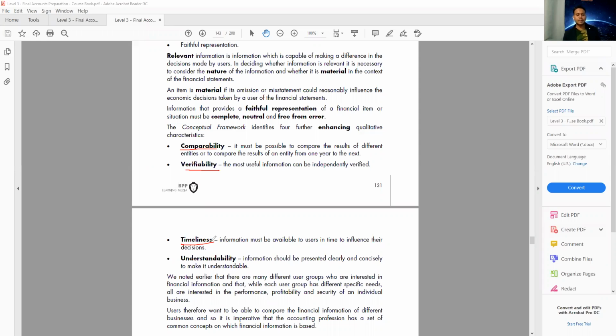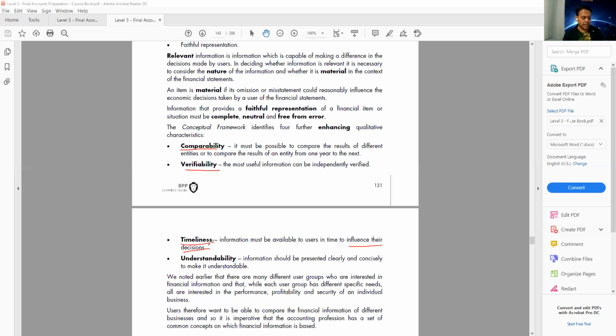And then you have timeliness. Information must be available to users in time to influence their decision. So obviously, for example, if you said everyone needs to buy the share by 31st of January, and everyone invests their money in your company, and the next day you have another news, or the next day you say this year we're going to pay very little dividend. So last year the dividend was 10%.